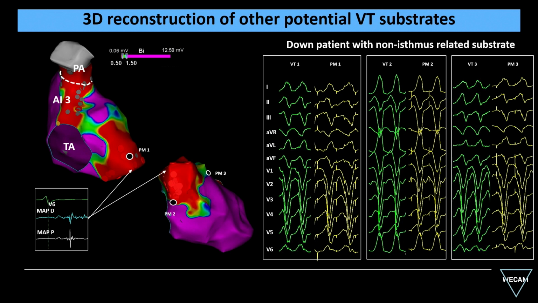This is a tetralogy of Fallot patient, and he had a large free wall scar with electrograms which resemble post-infarct electrograms with slow conduction, and all his VTs were related to these areas. We had good pace maps of the 3 induced VTs, and we just targeted the abnormal electrograms like we do in other substrate modification, and rendered him non-inducible with that. And by the way, the anatomical isthmus 3 was already blocked, and I will come back to that in a second.